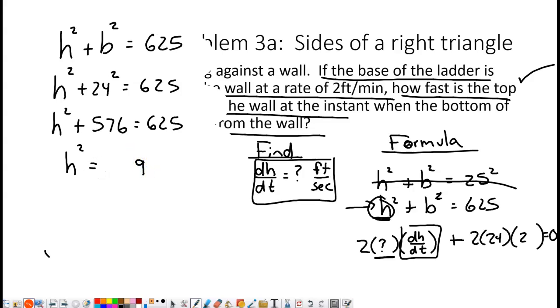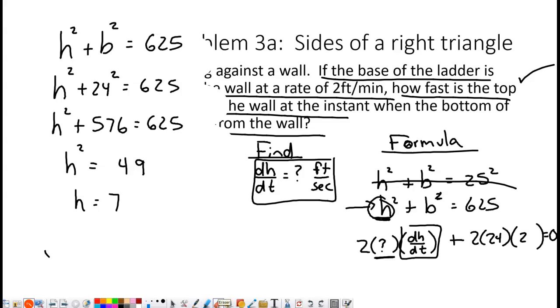Oh, I should be able to do that in my head, but shame on me. I don't want to risk it. I'm going to go ahead and use a calculator. Minus that. So I get 49. And if you take the square root, you get 7. So now I know that the height would have to be 7. So if the base is 24, then the height would have to be 7. And so now I know.